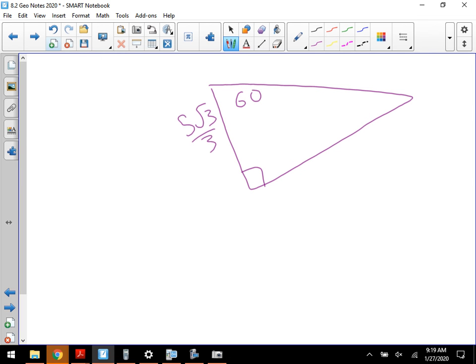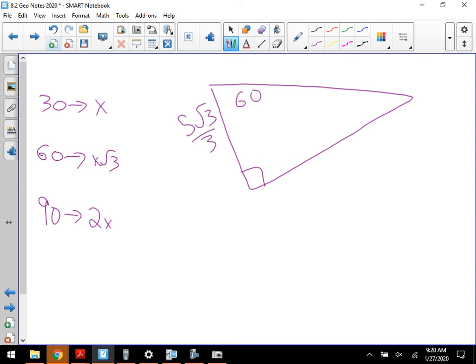Well, which of the two triangles is it? 30, 60, 90. It's got to be because there's a 60 in it, okay? So that means we write out our 30, 60, 90. I left plenty of space the way this was written out so you can do all your setups for each one of these without too much of a hassle.